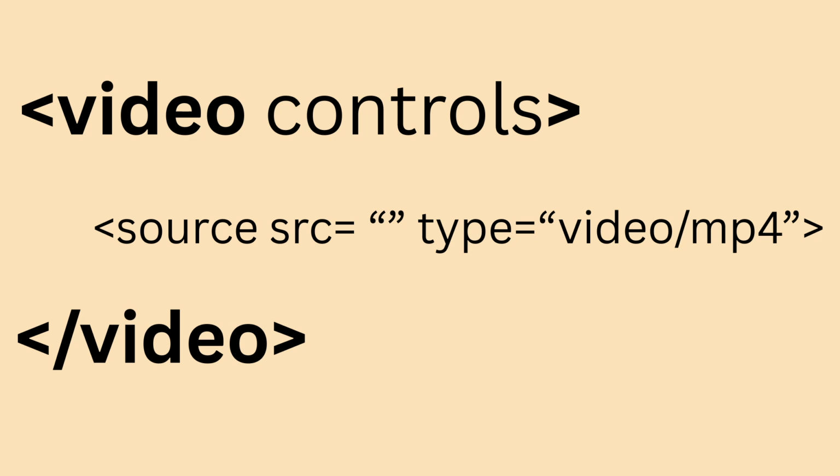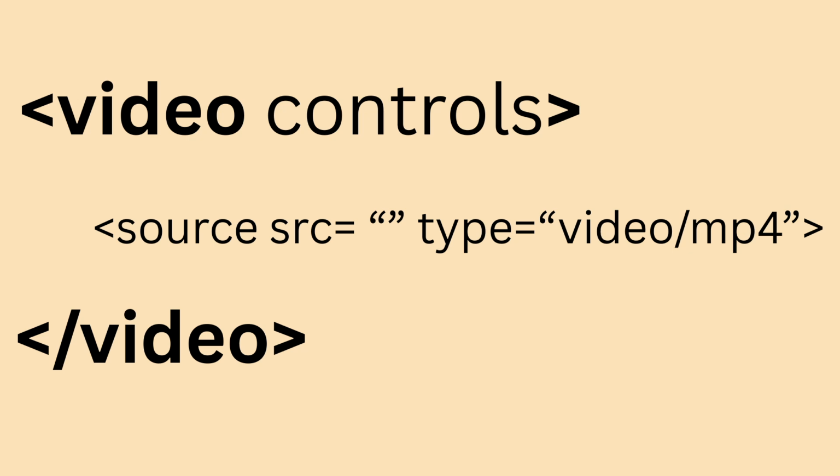Then the type, you can see the type is also video slash mp4. That's if the codec is in mp4. There are other codecs like WebM, and so you specify the particular codec.